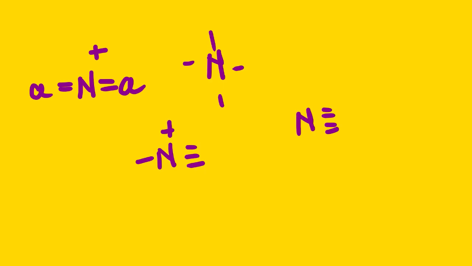Just know that it will have a positive charge. And then if it bonds only 2 times, just know that it will have 2 lone pairs, and then it will yield a negative charge. So you can see that when it yields a positive charge, it doesn't have any lone pairs. We can prove that using a formal charge.